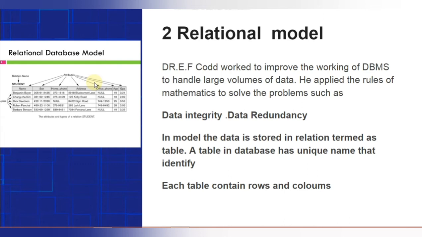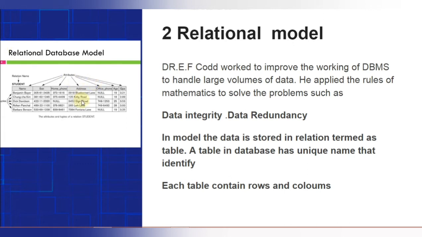In this model, the data is stored in relation terms as a table. A table in a database has a unique name that is its identity. Each table contains rows and columns. So the second model we use in database management systems is the relational model. Relation is another name for a table.